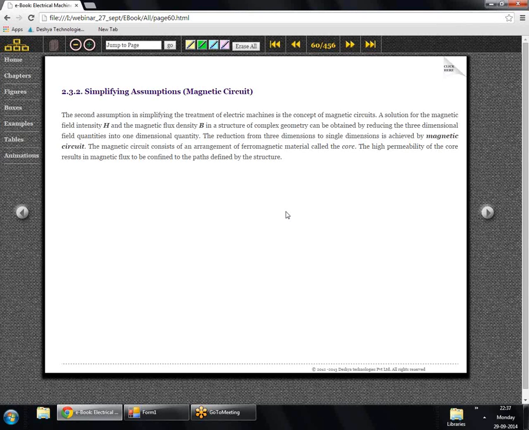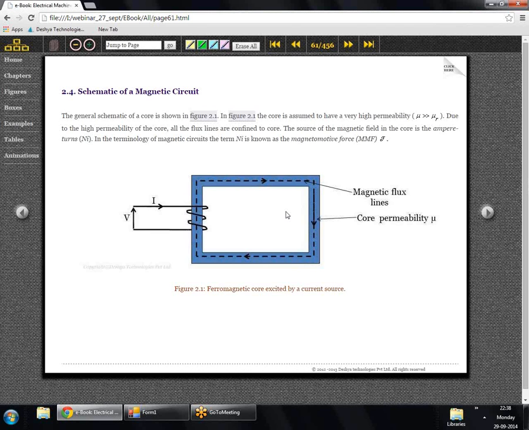Moreover, another important assumption is that we consider a constant permeability for the ferromagnetic materials, because most of the magnetic circuits that we are going to analyze in today's webinar are made of ferromagnetic material. This assumption of constant permeability makes the magnetic circuits linear, and once we have linear circuits, the analysis obviously becomes simpler.